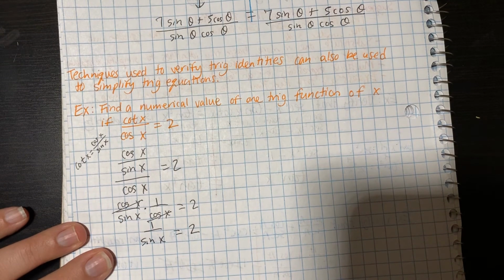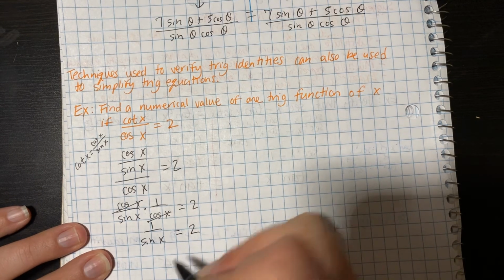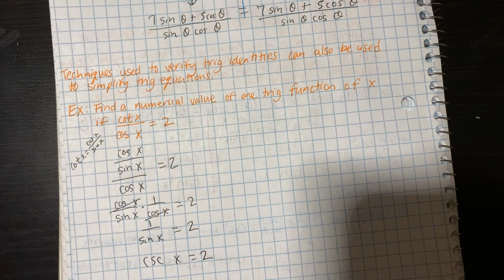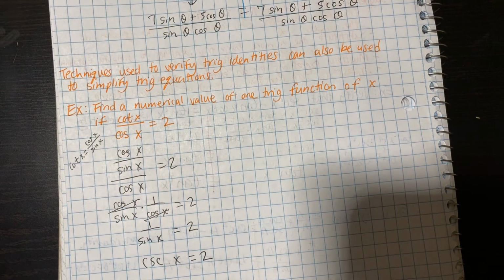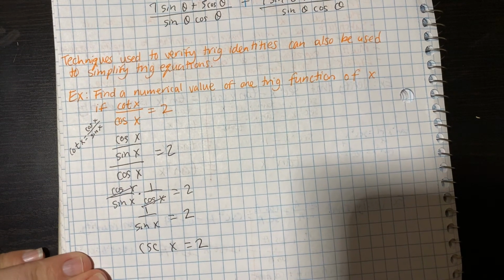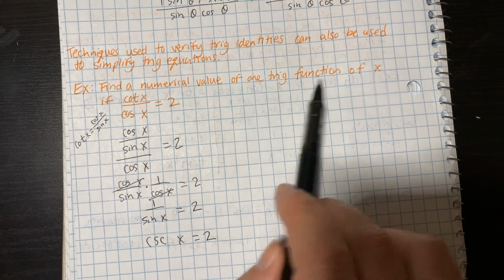Or we could say that cosecant of x equals 2. So now we have a numerical value for one trig function.